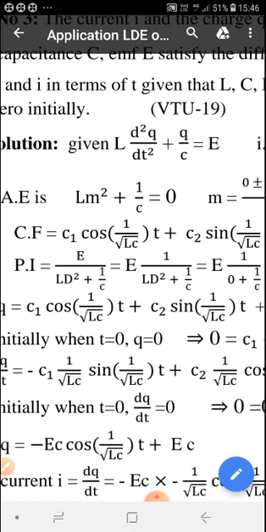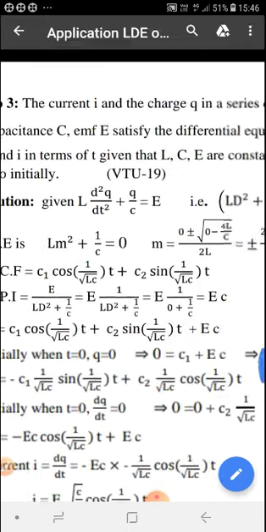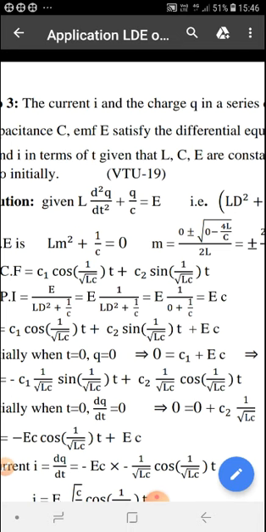So with this you can write the complementary function: C1 cos(t/root LC) + C2 sin(t/root LC). Particular integral: E divided by (L D² + 1/C). E is constant, so E into 1 divided by (L D² + 1/C).